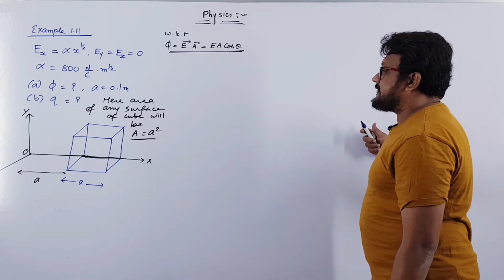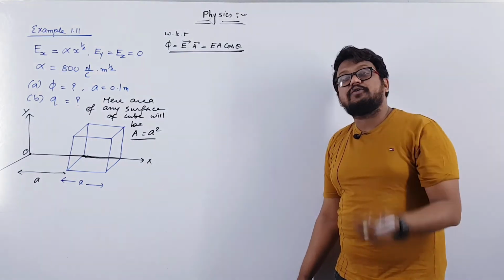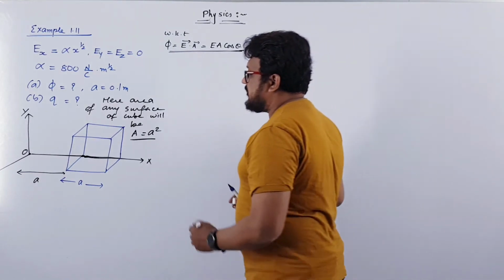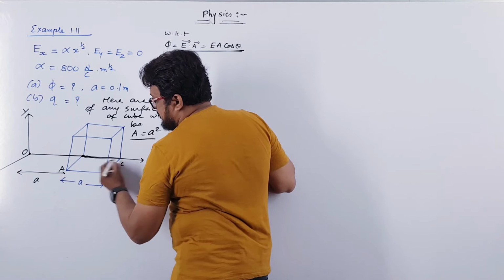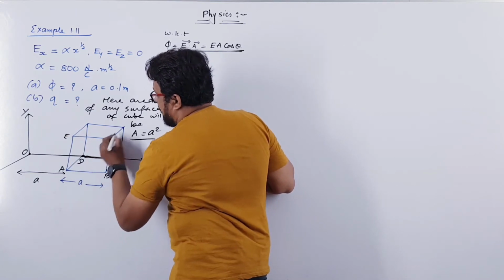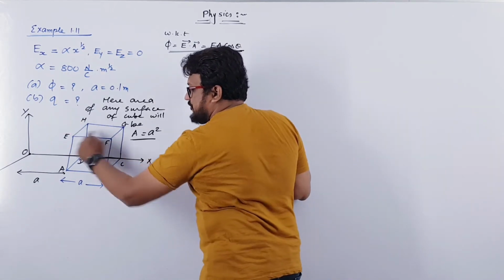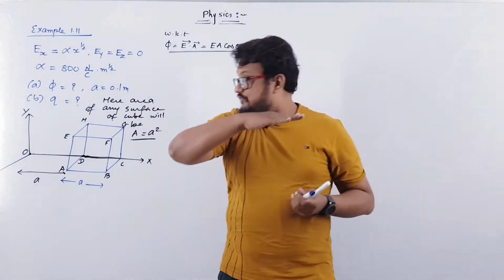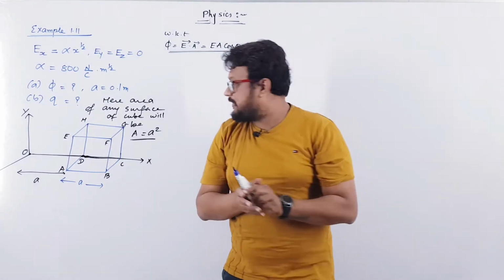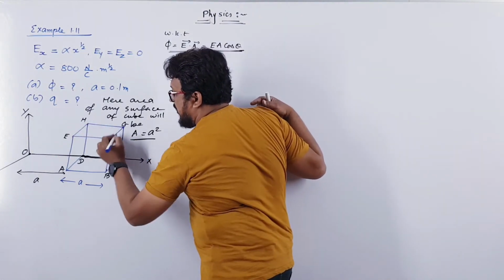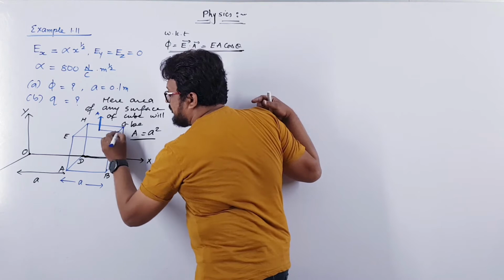So EA cos theta. Now as we have discussed, area is a vector quantity, and for each surface it is perpendicular to the surface. So let us give some names. Let us label this as A, B, C, D, E, F, G, H. If you consider surface E, F, G, H, the area for that surface will be vertically upward, while the electric field is in this direction.